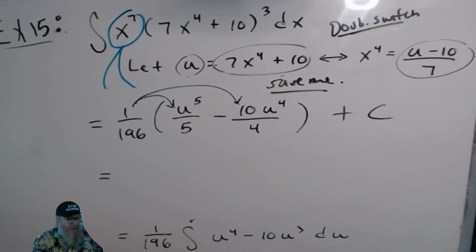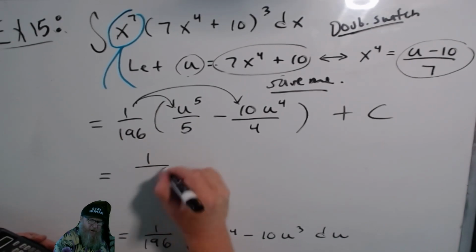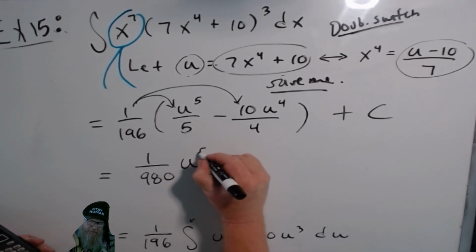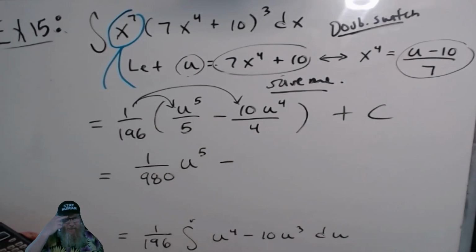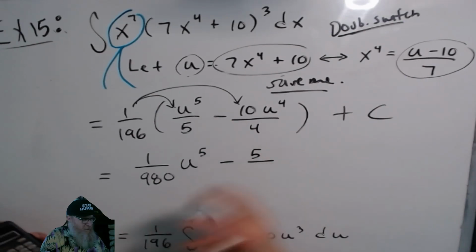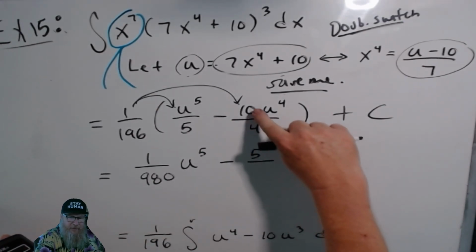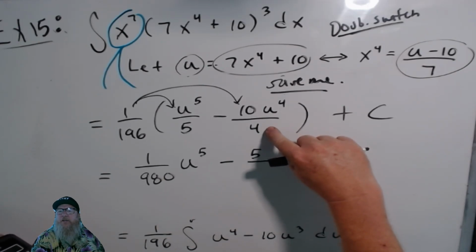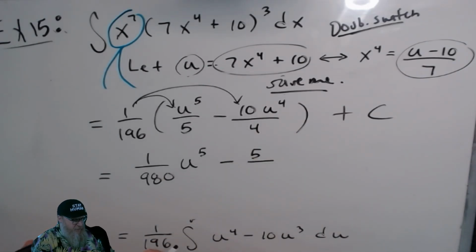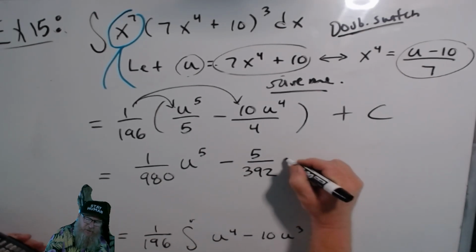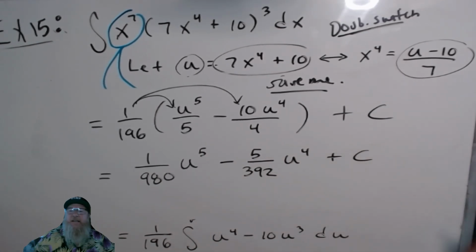So times 5 will be 1 over 980 u to the fifth. And then we'll have 5 over, so 10 divided by 2 is 5. 4 divided by 2 is 2. And then 2 times 196 is 392 u to the fourth plus c.